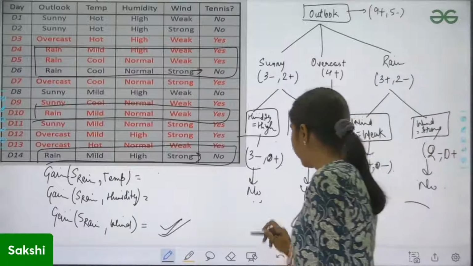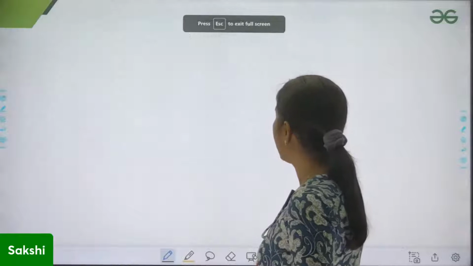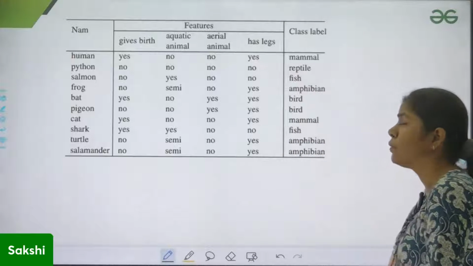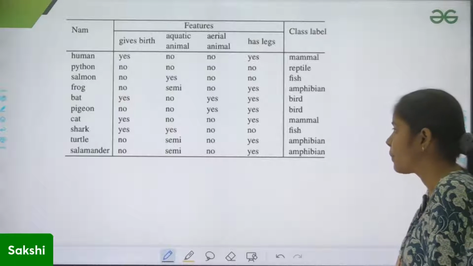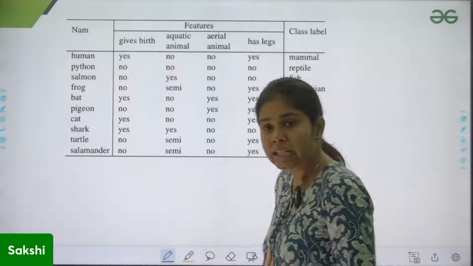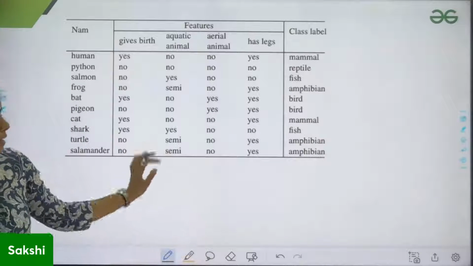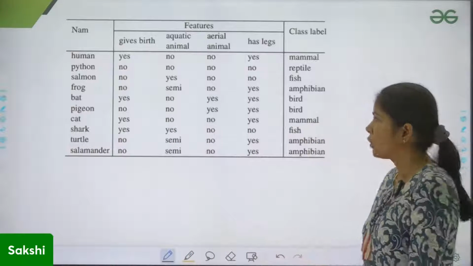Okay, so let's move forward. So we have these two tables. Just take a screenshot and try to find out the decision tree by yourself. This is a practice problem because in the last session students asked me, ma'am, please share some practice problems as well. So that's why this is a practice problem. You have to find out the complete decision tree for this problem.